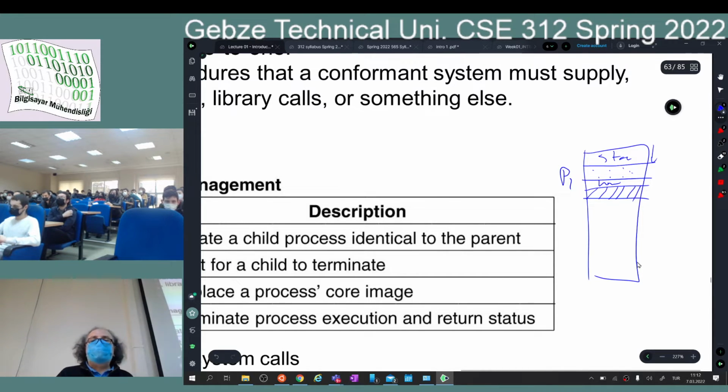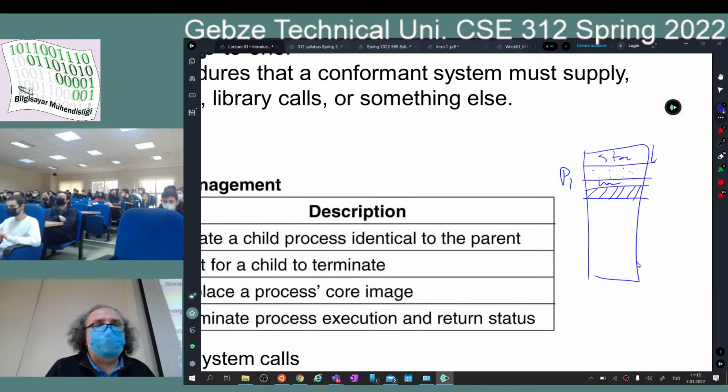Let's say I'm running P1, and P1 made a system call fork. Fork immediately does this.